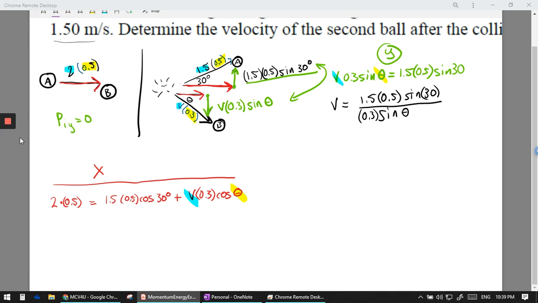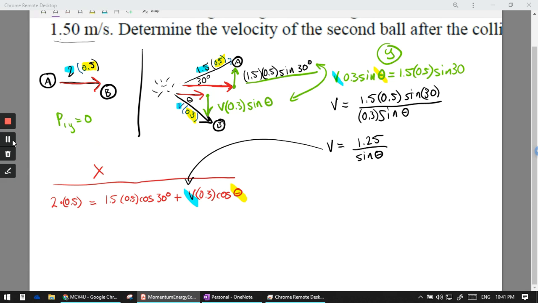And now, if you calculate all this, sine of 30 is a half, times another half is a quarter, and divided by a third. Let me type this all out here. All right, so it looks like we're getting 1.25 over sine of theta. And we're going to take that and plug it into here.